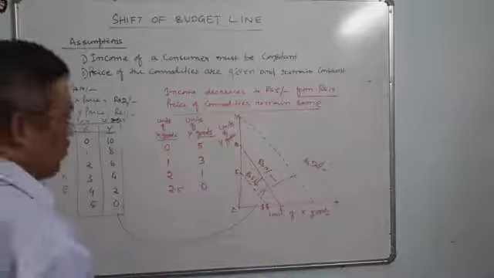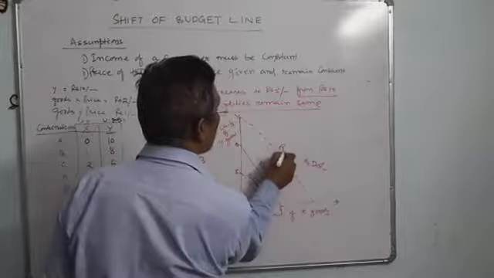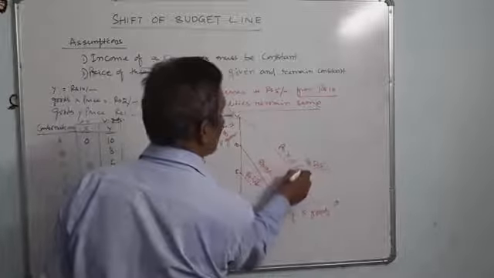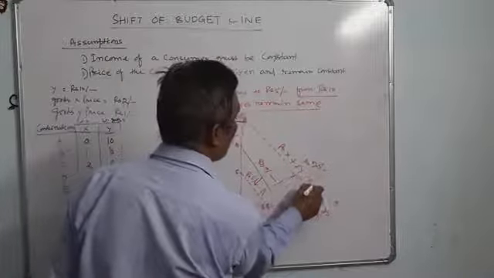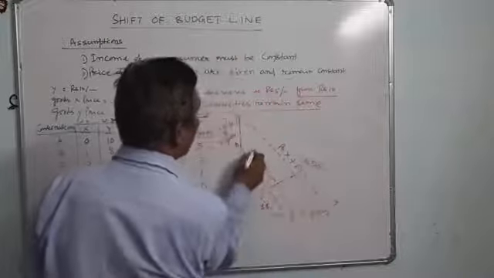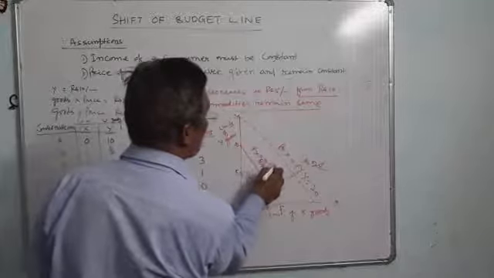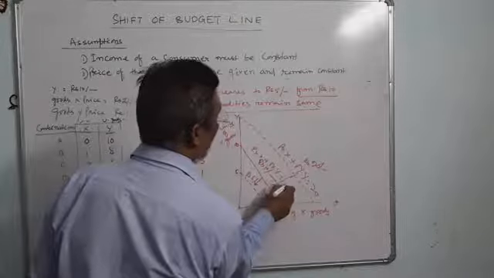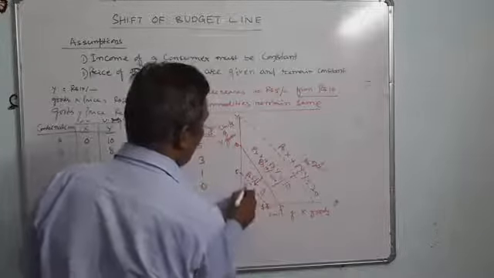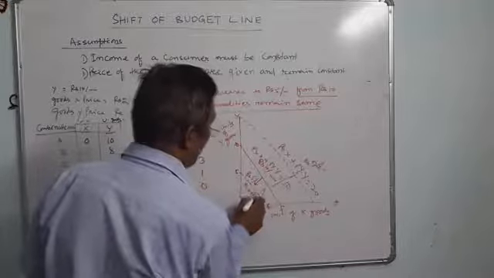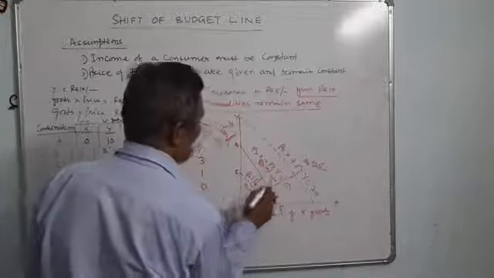So this is rupees 20: Px into X plus Py into Y equals 20. This is Px into X plus Py into Y equals 10, and this is Px into X plus Py into Y equals 5.